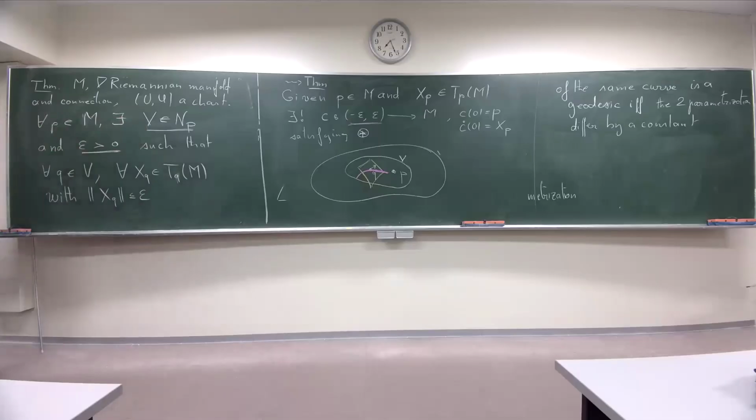So we restrict the size of this tangent vector. So the yellow arrow is not too long, but it doesn't depend on Q. It's uniform in this V.